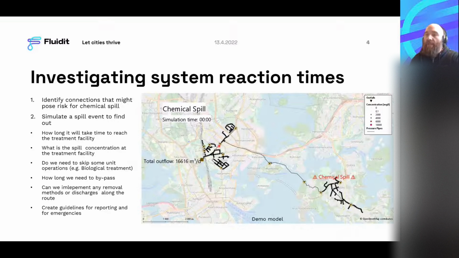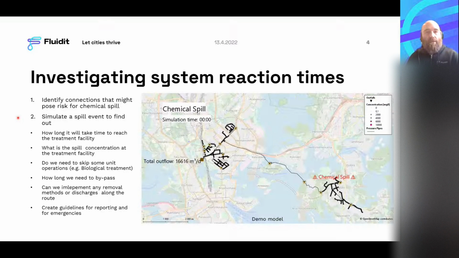And then of course create guidelines for reporting and for emergencies. So how much time does the customer have to report back to the utility that some pollutant is entering the system, so they know to react accordingly? So that's the short theoretical part.